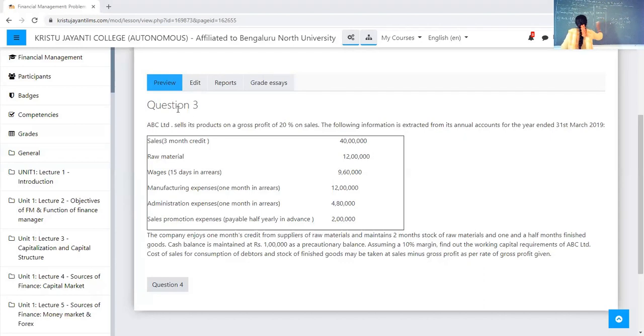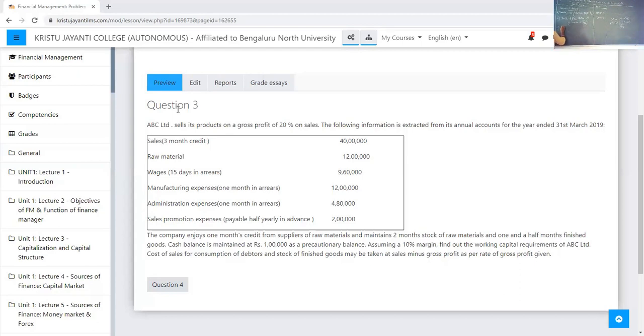Okay. Which is the third asset that we have? If you look into the paragraph below, they have told the company enjoys 1 month credit from suppliers, that is sundry creditors. And then they have told stock is to be maintained for a period of 2 months, and 1.5 months for finished goods.